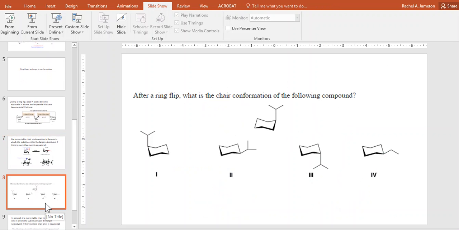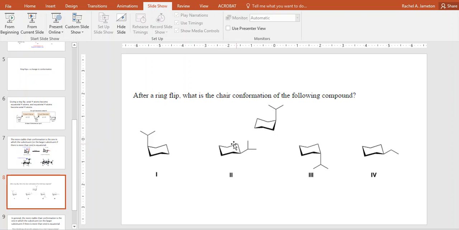So let's look at a similar question here. Applying that idea, the general rule is that the substituent will be equatorial. Here you have an isopropyl group, and this is the axial position. This would ring flip to give you the equatorial position.